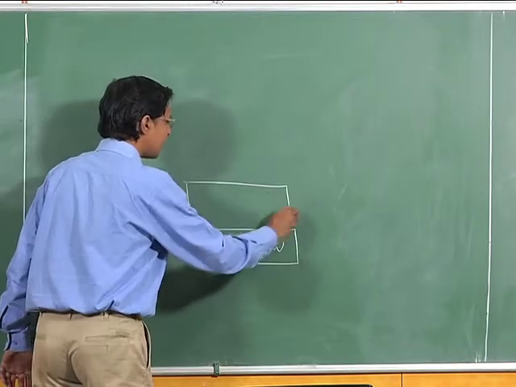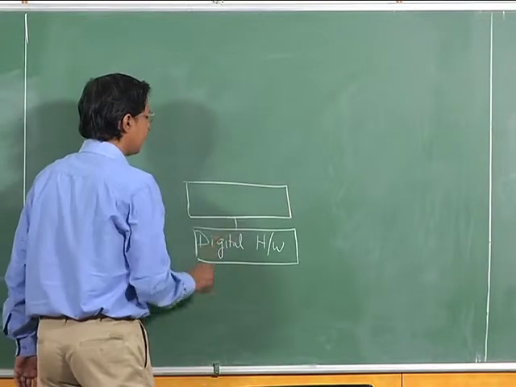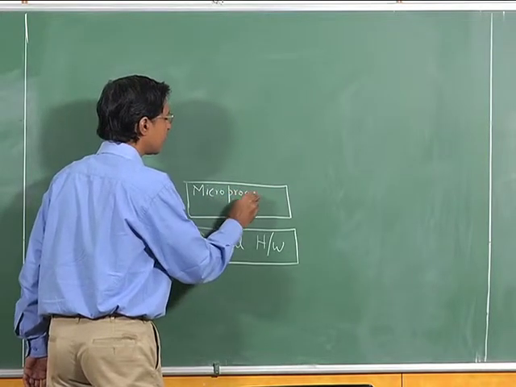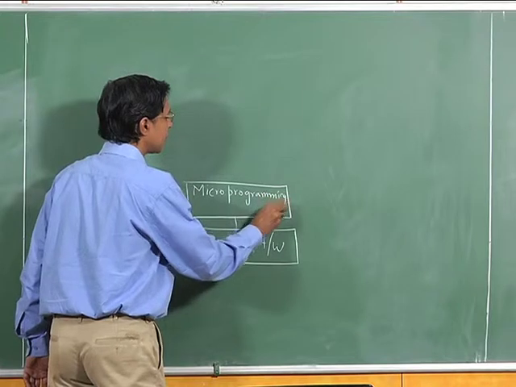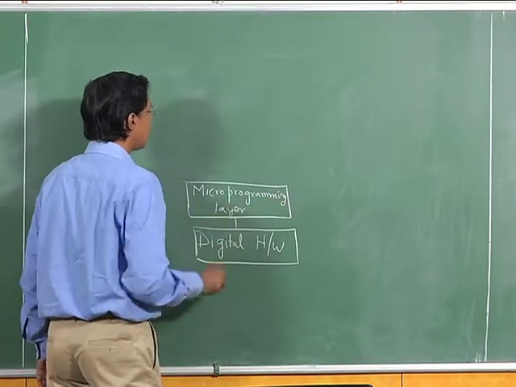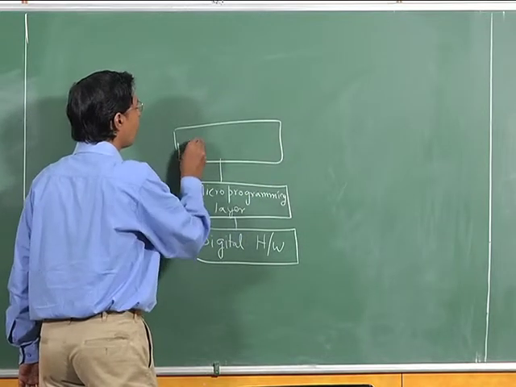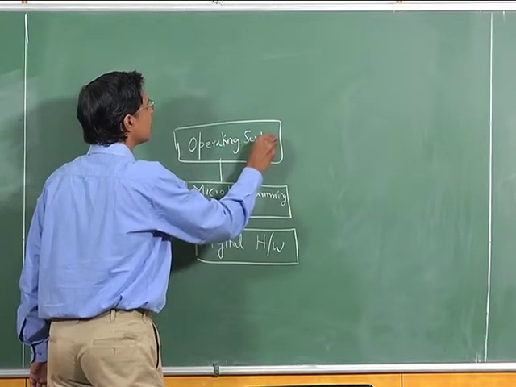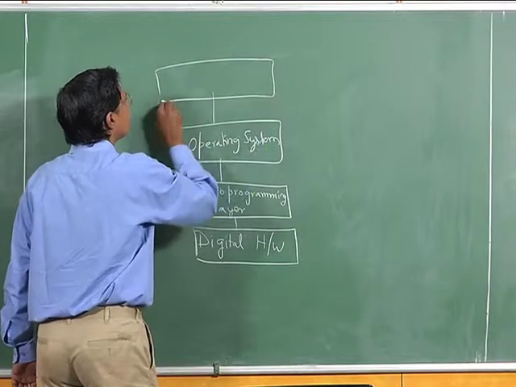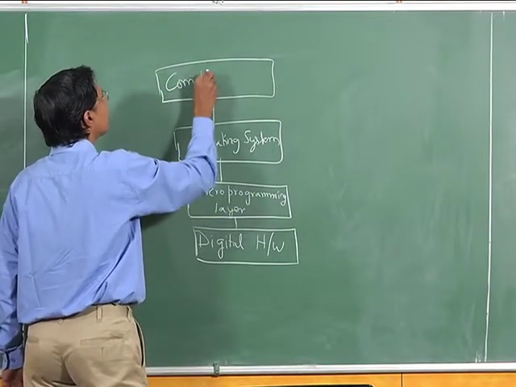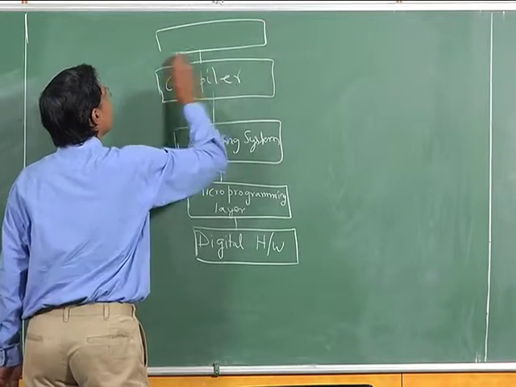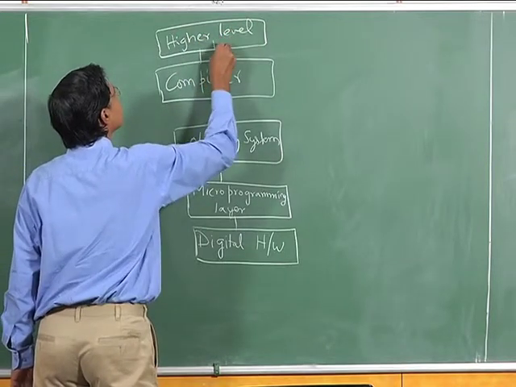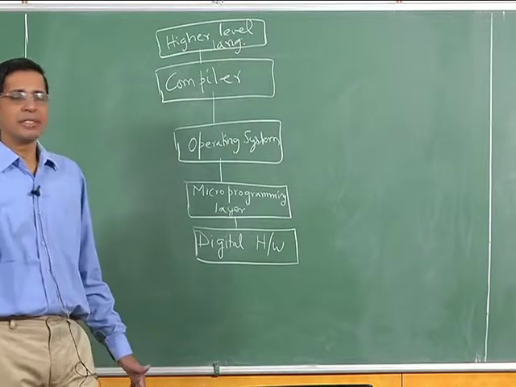On top of this lies the microprogramming layer, on top of this is the operating system, and on top of this is the compiler, and then you have your higher level languages like C, etc.